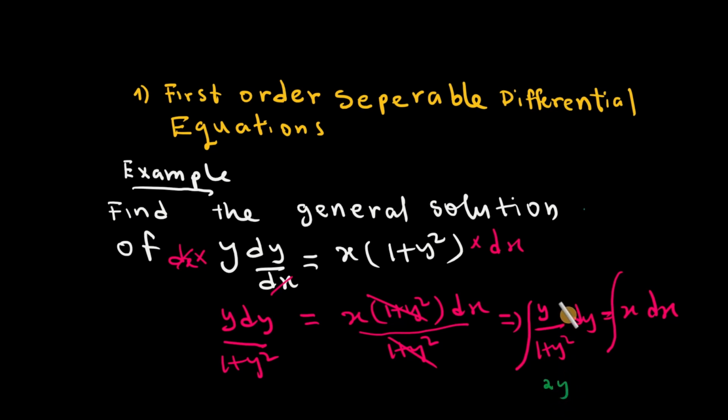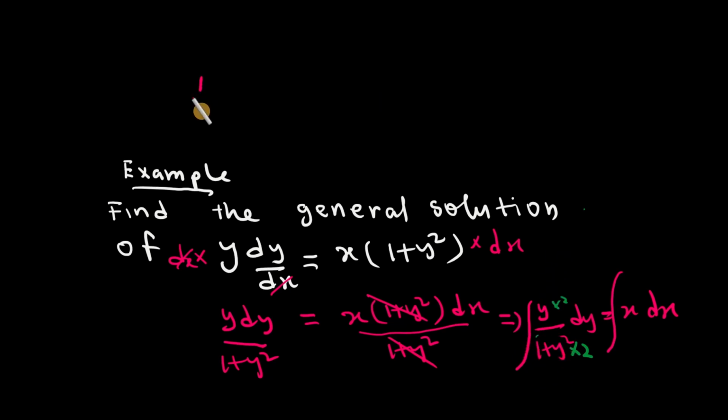That means if I multiply the numerator by 2 and I multiply the denominator by 2, I have not changed the function since 2 can cancel 2. Now, if I factorize this 2 out of the integral sign, I'm going to have half the integral of 2y over (1 + y squared) dy = the integral of x dx.